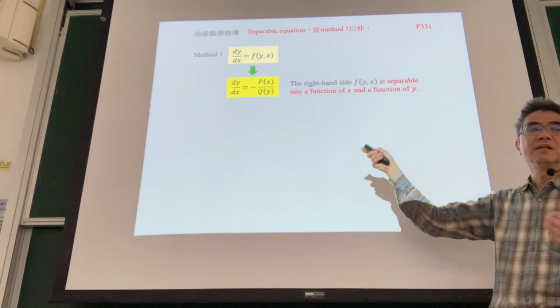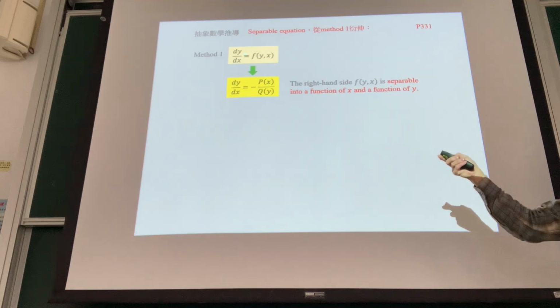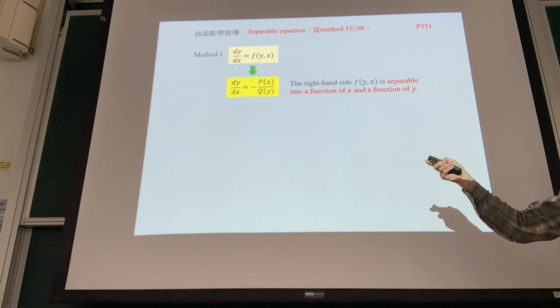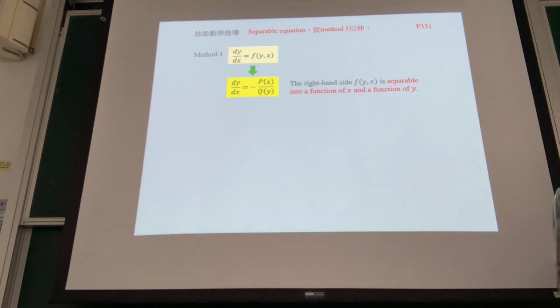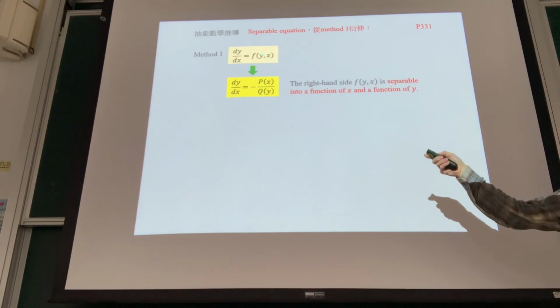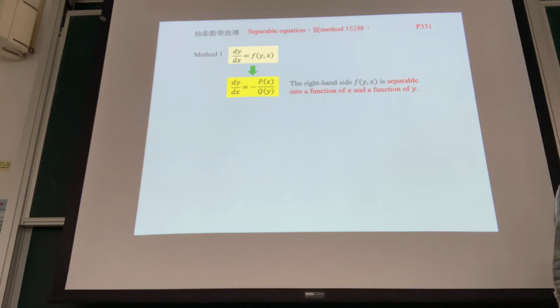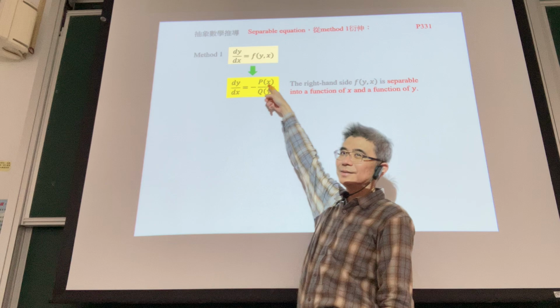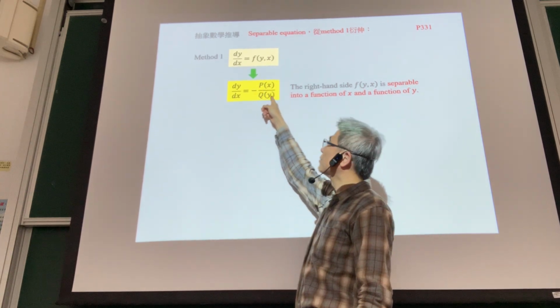So as I say, the simplest equation of motion, differential equation of motion, is dy dx equal to a certain function of y and x. Let's say f(y,x) is separable. By separable, I mean it can be separated into a function of x over a function of y.